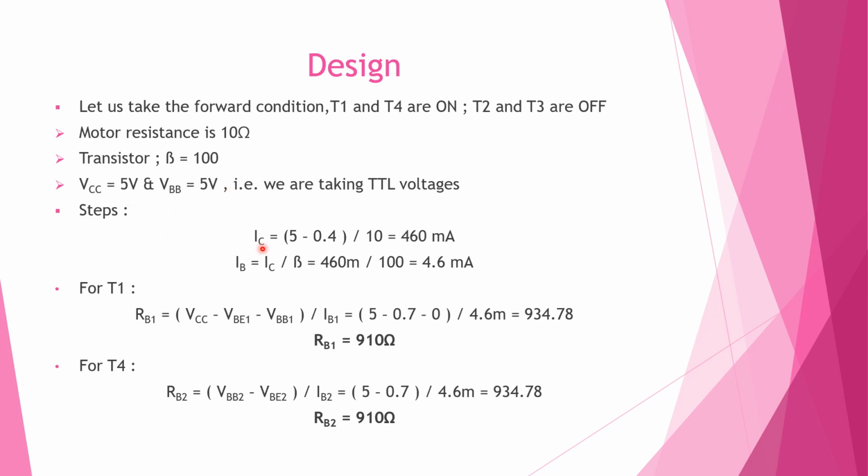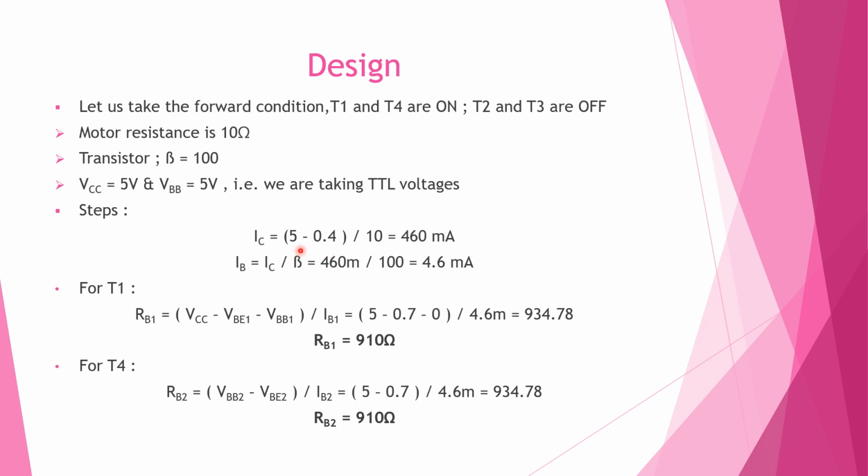The first step is to find out the collector current. When two transistors are on and the motor is on, with motor resistance 10 ohm, the VCE saturation comes into the picture. The two transistors add 0.2 and 0.2, which together become 0.4.